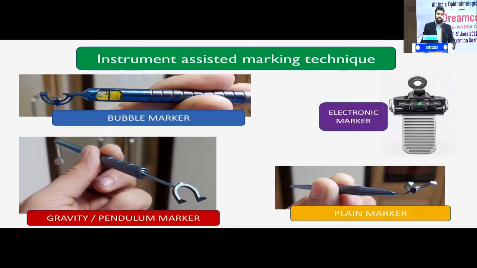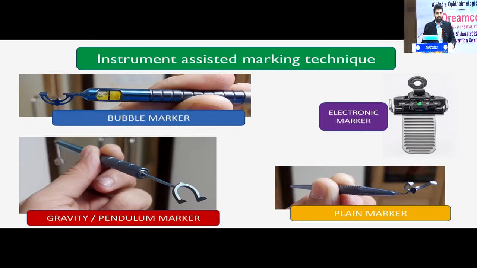With respect to the surgical part, the pre-op markings and the surgical part itself. Now pre-op markings, we all know that you have to do the pre-op markings in the sitting position before surgery. The reason for the sitting position is so that there's no cyclotorsion effect. And you have various markers which help you to get 0, 180 degree marks. You have the bubble marker, the gravity pendulum marker.